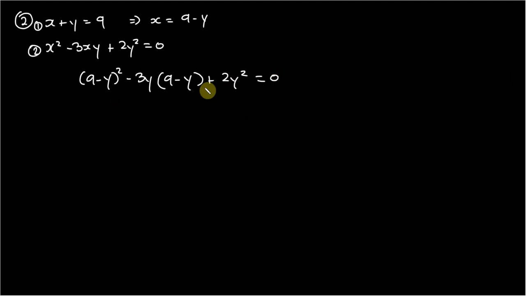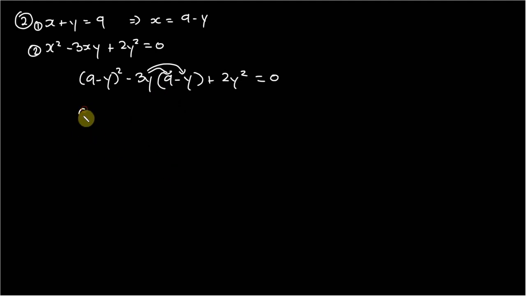So there are a few things we need to do here. We need to FOIL this out, the 9 minus y squared, and we can use the distributive property here, and we'll need to identify and collect like terms and simplify and so on.